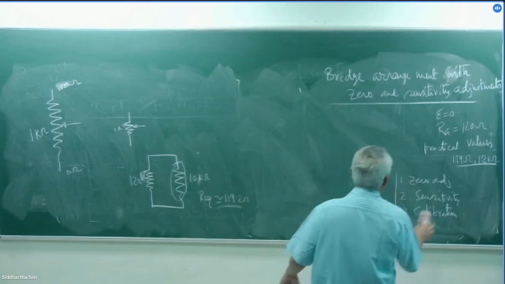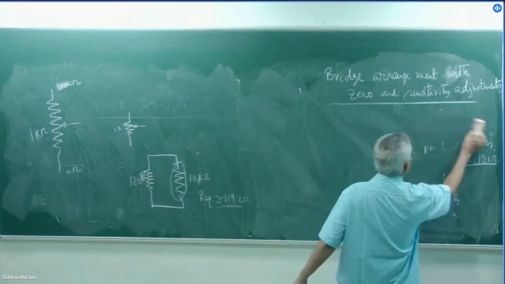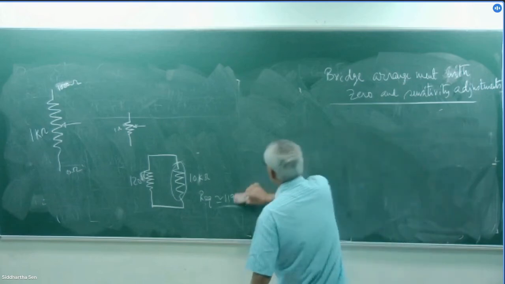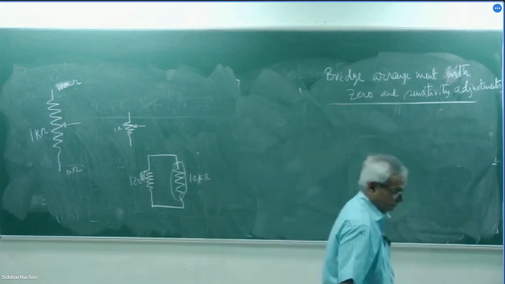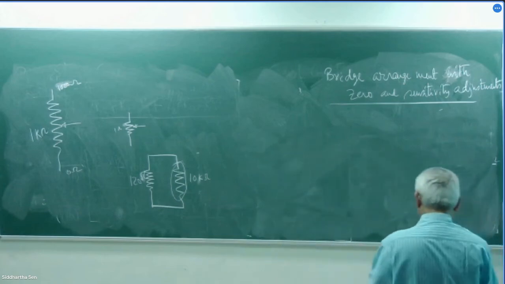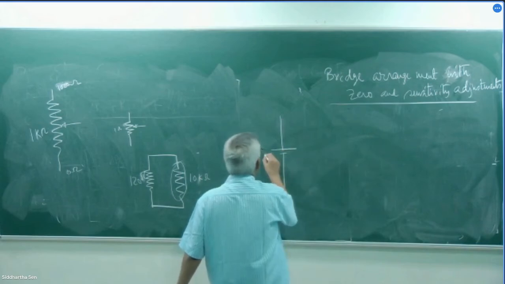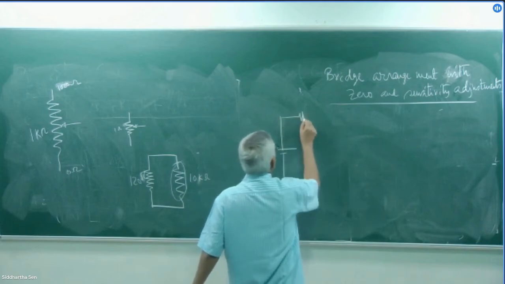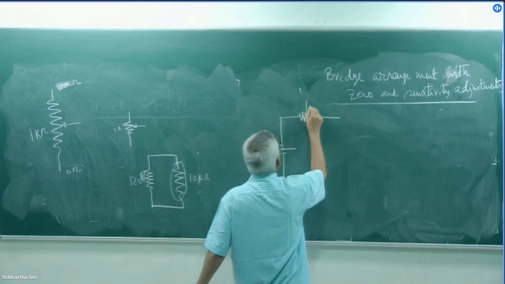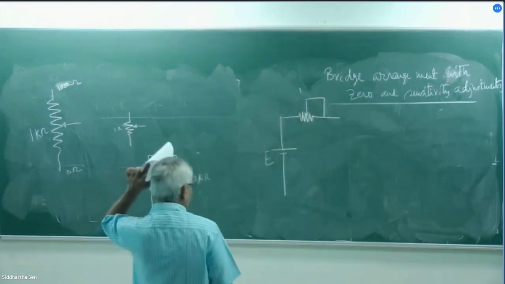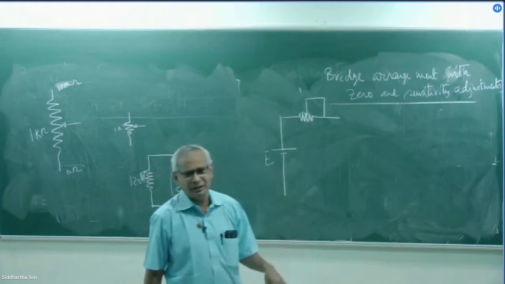We will come to this one afterwards, but I will first show you the scheme there, then we will be able to explain this one. This sensitivity adjustment is often needed because the bridge supply voltage E, with the battery, may go down.